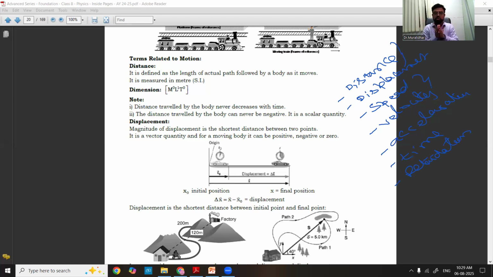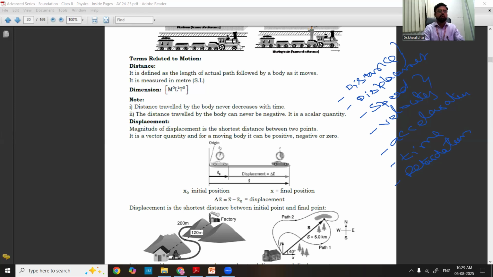Because whenever a body is in motion, all these terms will come across: distance, displacement, speed, velocity, acceleration, retardation, and time. So for every moving body, we can see all these physical quantities. This chapter is only about the basics, to learn the terms related to motion.